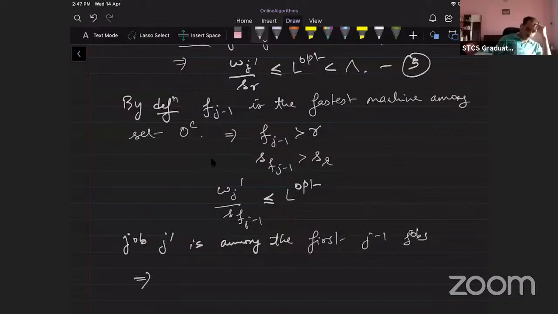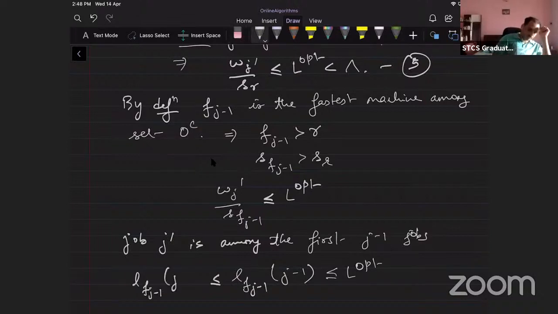Therefore, the load, now we can write this as well. I will explain this one. Okay, can somebody say why this is true?